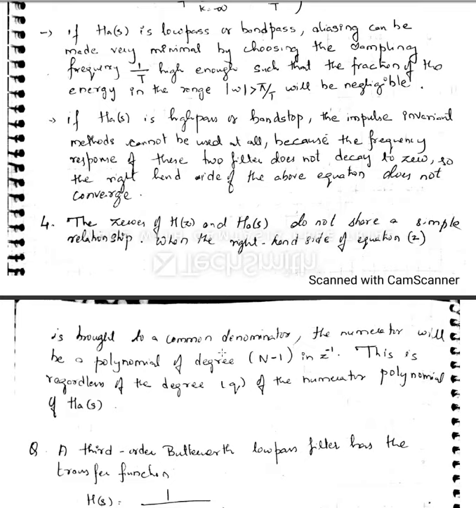The numerator will end up as a polynomial, where n minus 1 is nothing but the degree. So if it is 2, it will be z to the power minus 2, minus 3. This is about the digital one, and it will not necessarily be the same as that of the analog filter.